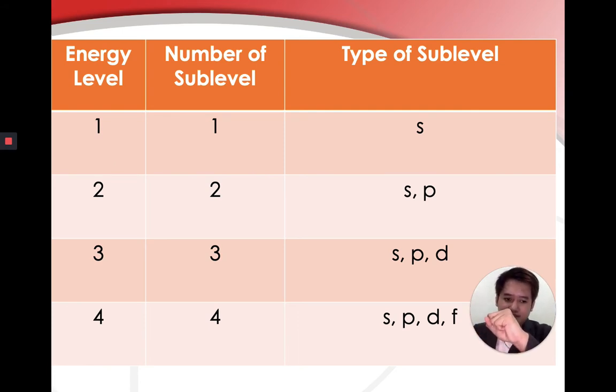In the first circle there is one sublevel which is S. In the second larger circle, there are two sublevels which are S and P. And as the number of the energy level increases, the number of sublevels also increases. That means at main energy level number 3, there are S, P, D sublevels.